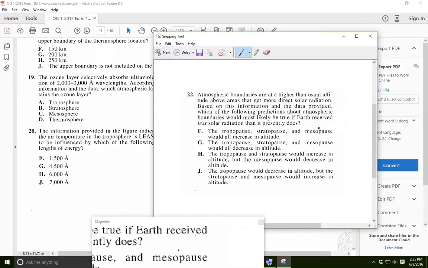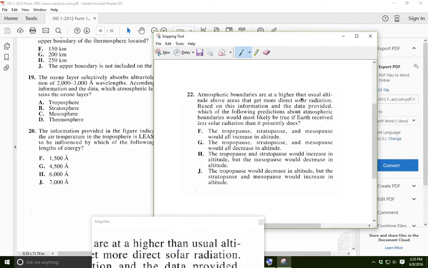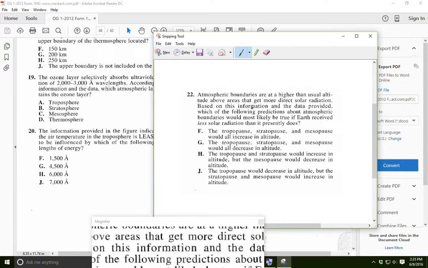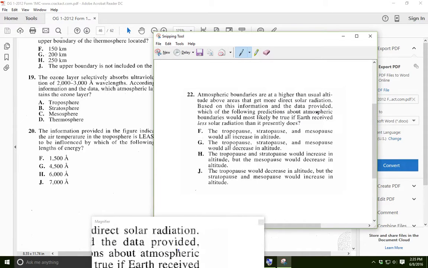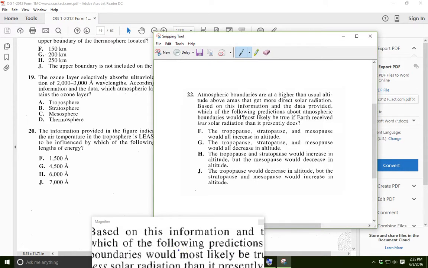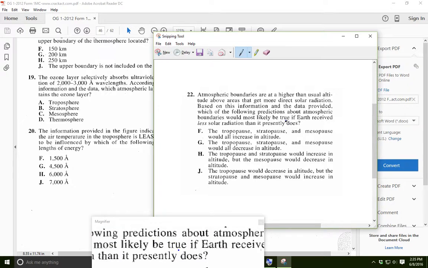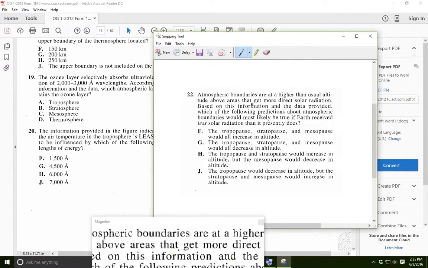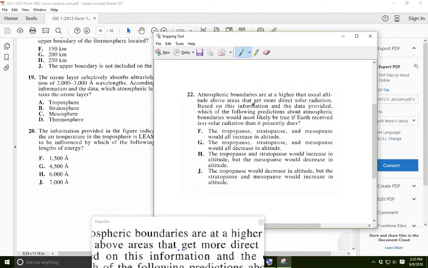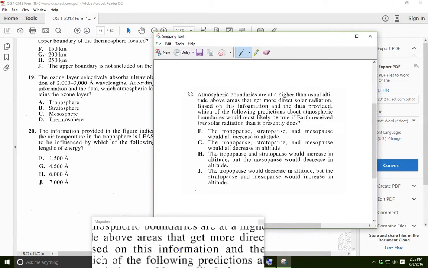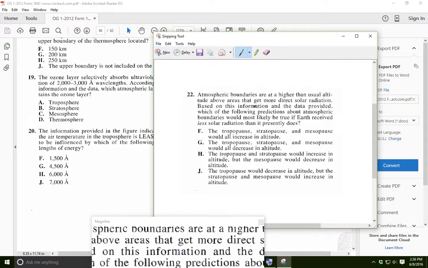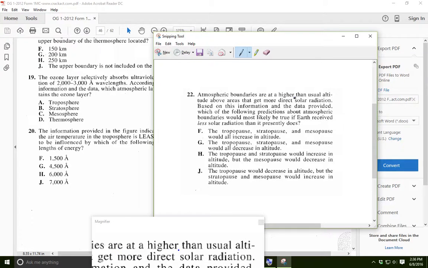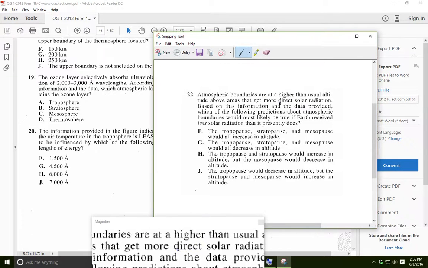Atmospheric boundaries are at a higher than usual altitude above areas that get more direct solar radiation.